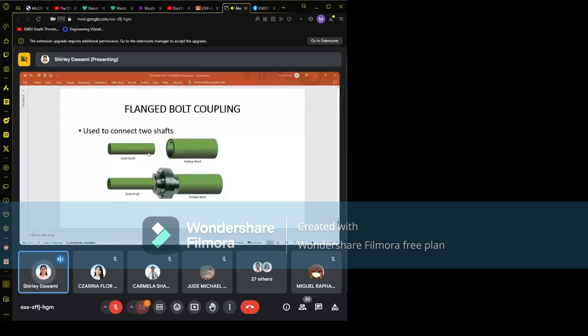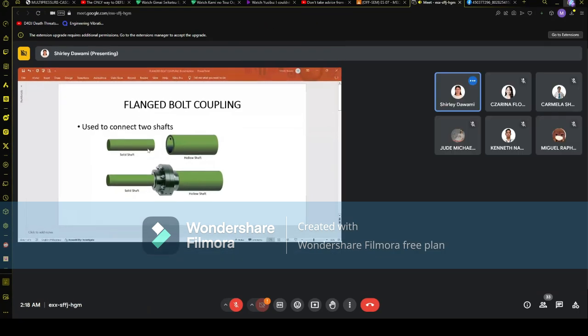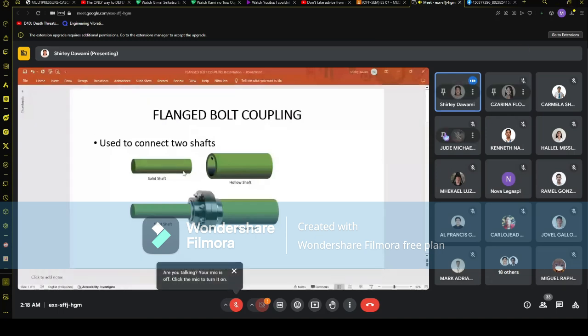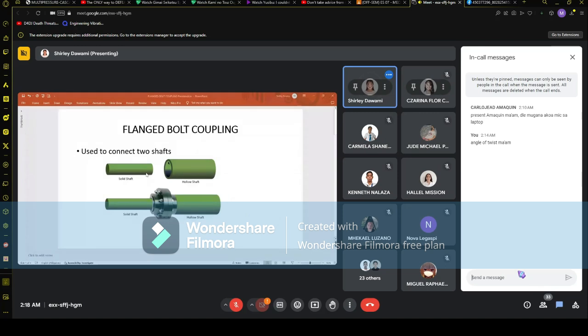So what happens when the torque passes through the bolts? What is the action of the bolts? It is similar to the concept of forces we had. The torque in the solid shaft side will pass through the bolt.